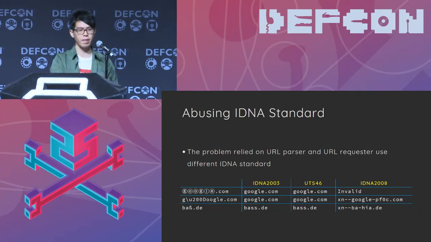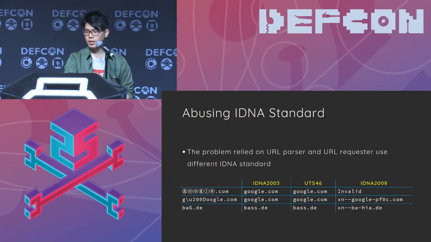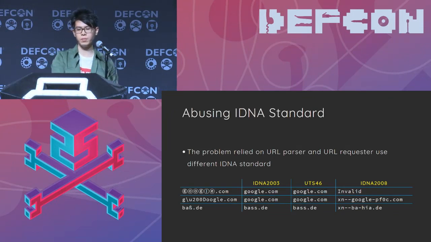For example, the circled alphabet will be recognized as a valid letter in the domain name system. And the Unicode U+200D zero-width joiner will be removed in IDNA 2003 with UTS-46 transition. So, if the parser and the requester adopt different IDNA standards, it might be a security problem.